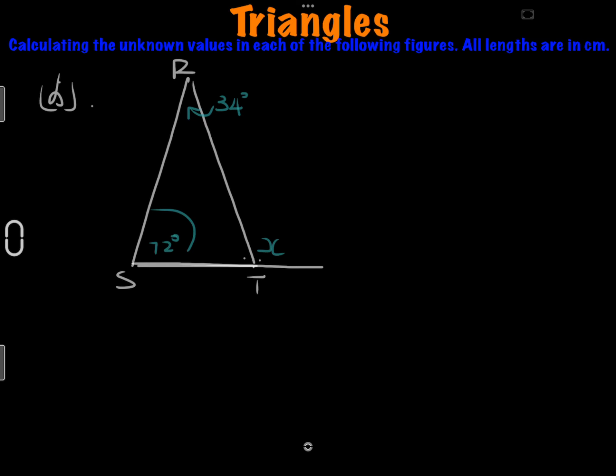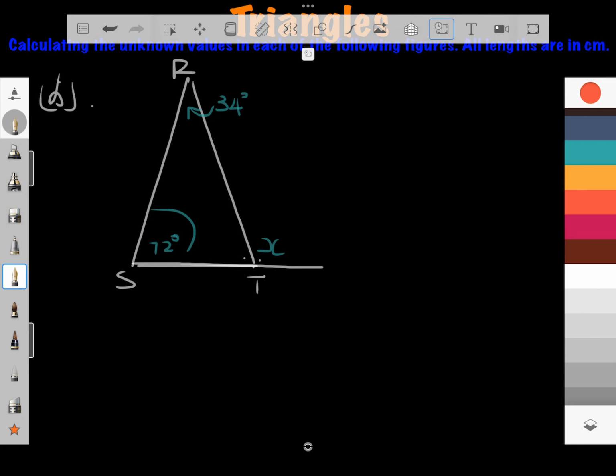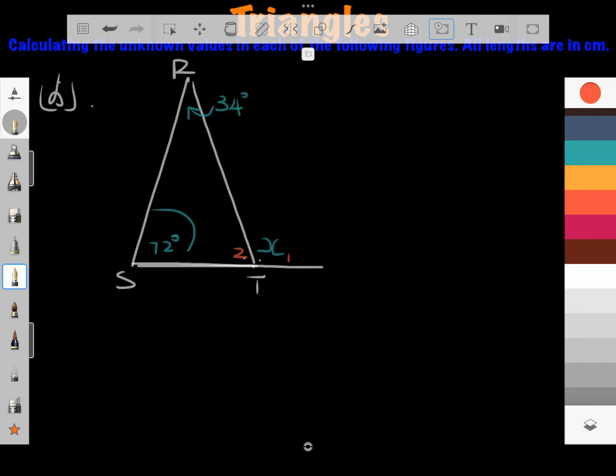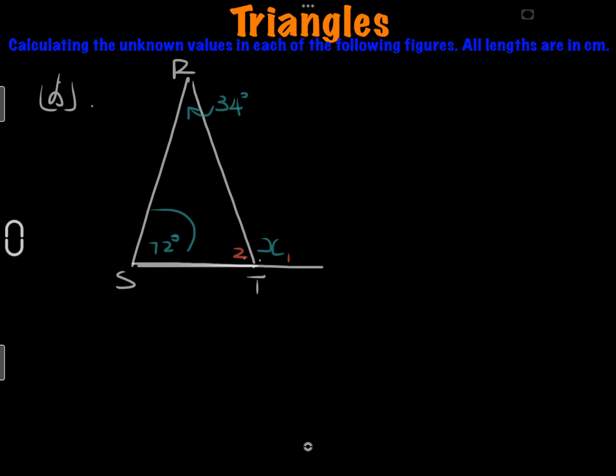Let's make it easier for us: we have T1 and T2. Now we need to start calculating the unknown. To start, we can see that we have angles of 34 degrees and 72 degrees.